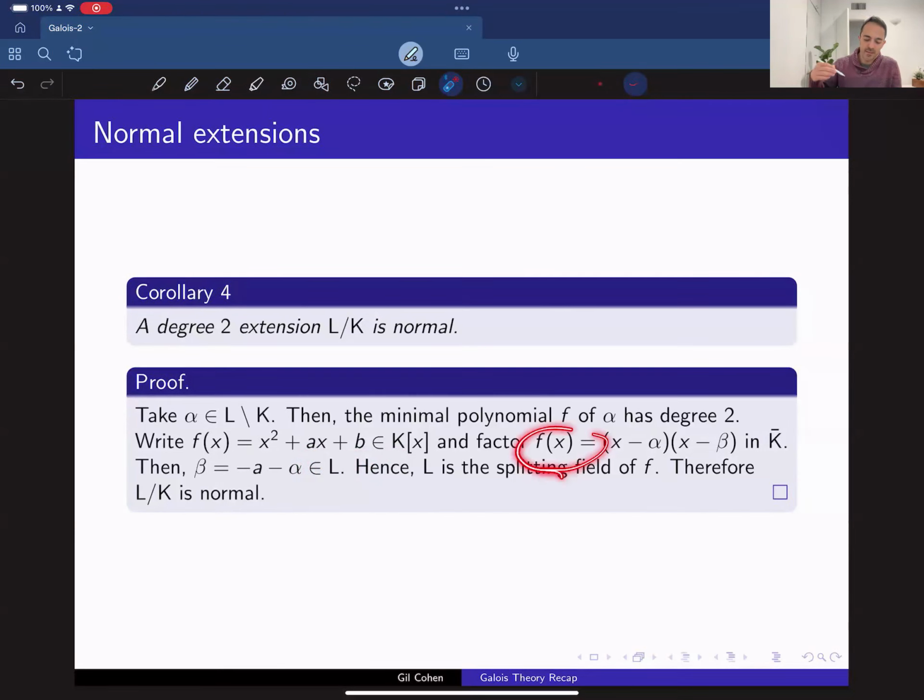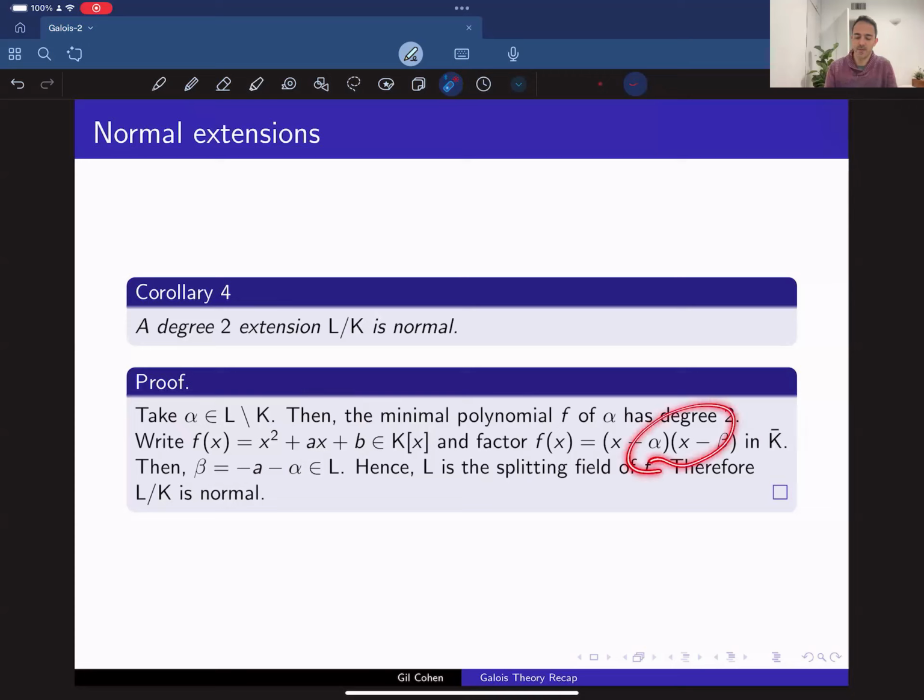And when you factor it in K bar, you can write it as x minus alpha, that's your alpha, times x minus its conjugate, x minus beta. But looking at these two and comparing coefficients, you can write beta as minus a minus alpha. Right? You look at the coefficient of x.